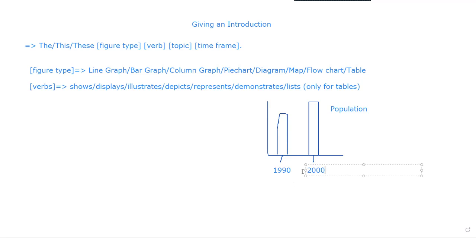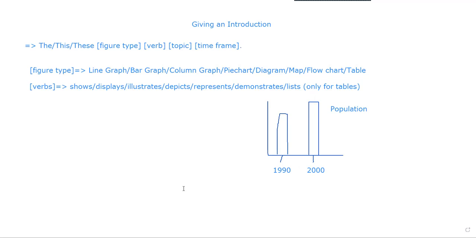So these are the time frames that have been included in your visual information. A graph of the population of a city or a country or an area is given, but with the time frame. Like we said, if provided in the question, you have to include the time frame in your introduction as well.